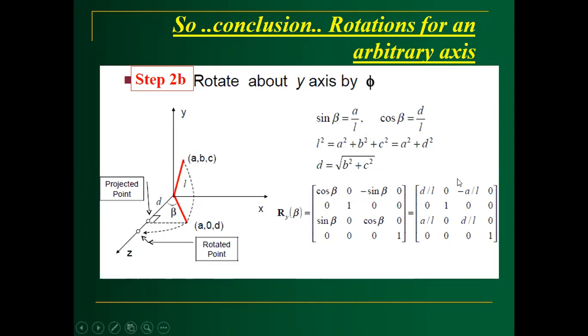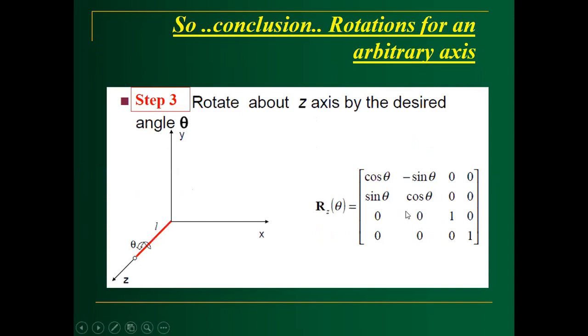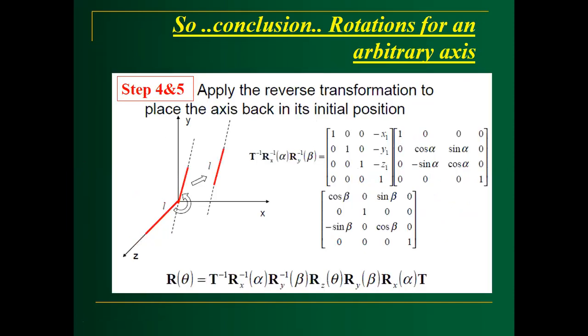Else you can just substitute as such. D by L, L we took as 1, that is the reason we got this D here. This one has not been equated to 1, so the formula remains D, minus A, D. Step 3, rotate about the z-axis, the z-axis equation with some theta. Step 4 and 5, inverse it.